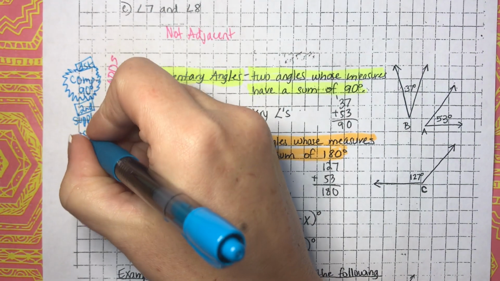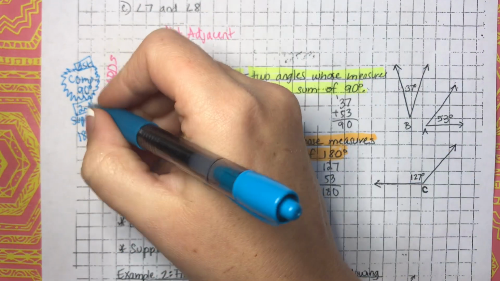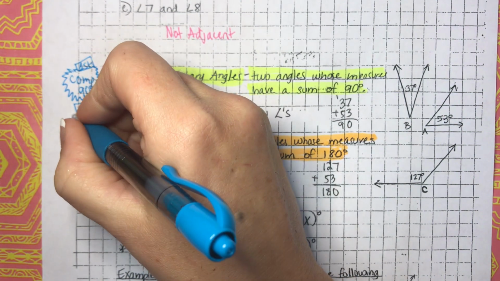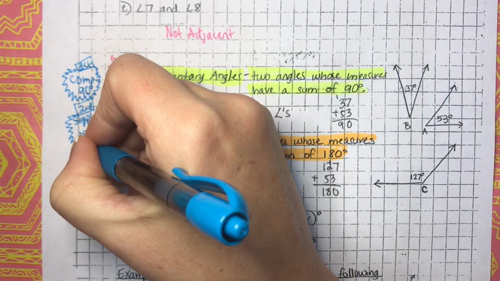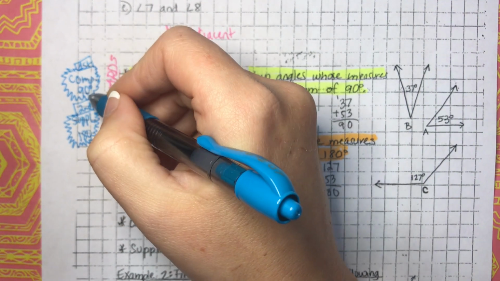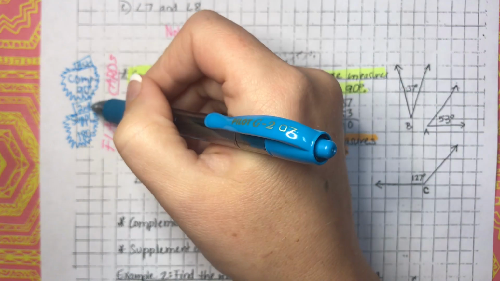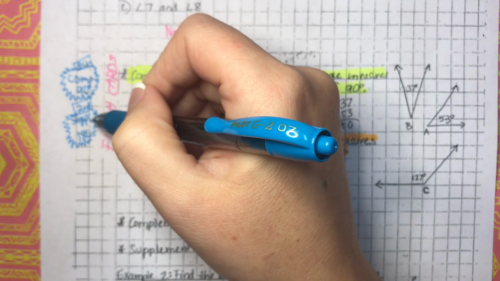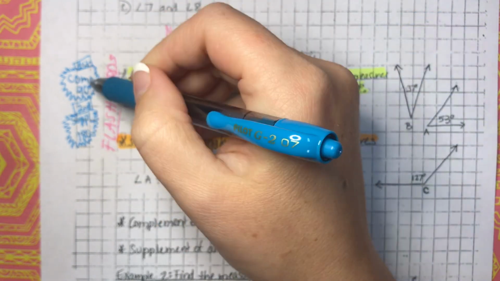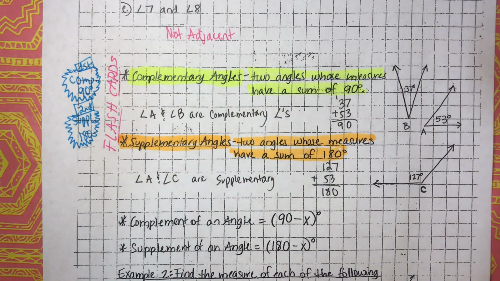Whereas 180, that is after 90, and supplementary alphabetically is after C. So that always helps me keep them straight, because the first alphabetically and the first number you would arrive to, those two go together. The second word alphabetically and the next number, they go together. So supplementary goes with 180 and complementary goes with 90.